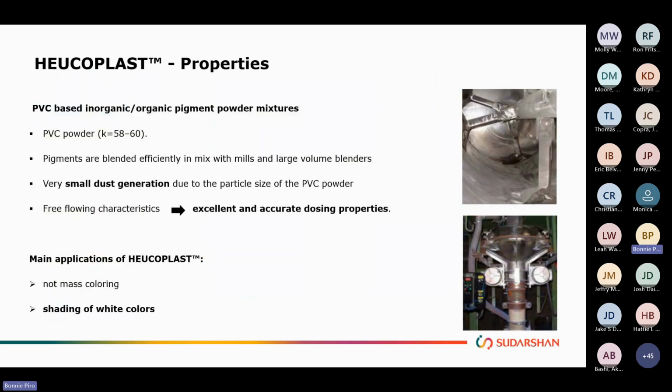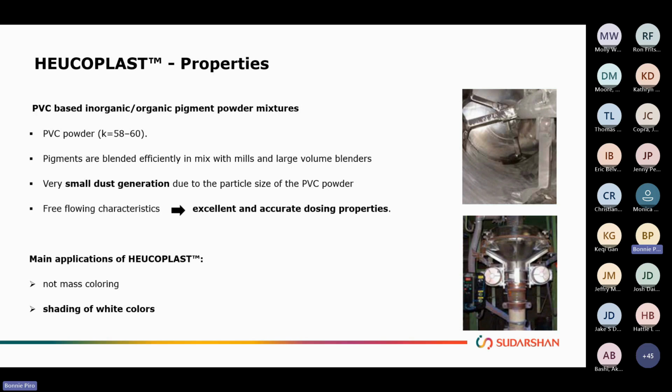One example is the Heukoplast range of products. These are based off of PVC, and they are blended to provide that large volume product. Like all of these dry powder or dry dispersion blends, they are very low in dust, so they help keep the application area cleaner.